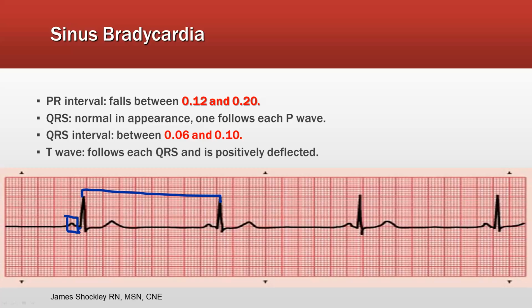It kind of fits in one big box. If I measure that QT interval, I can see that it's about 0.44. And then you have nothing happening because their heart rate's only 60 until it's time for the next one to beat. For this particular strip, instead of little tick marks, you see these little triangles at the top and bottom that are marking my 3-second segments.